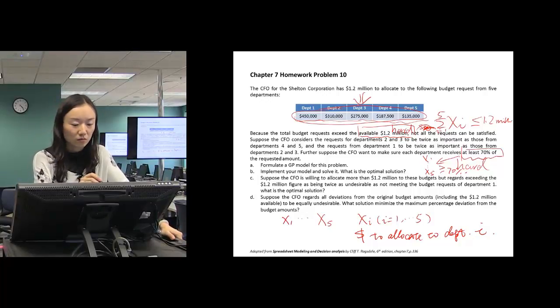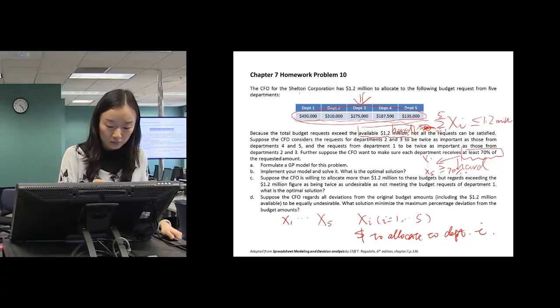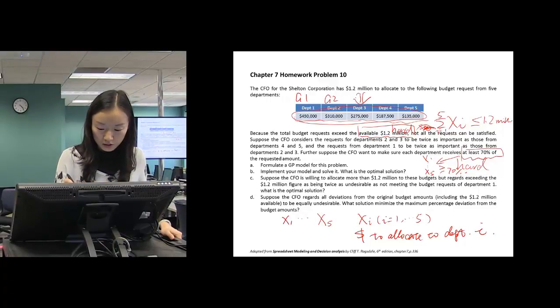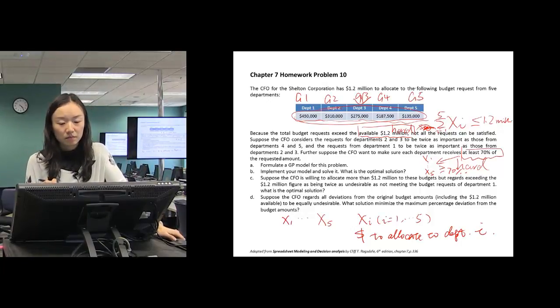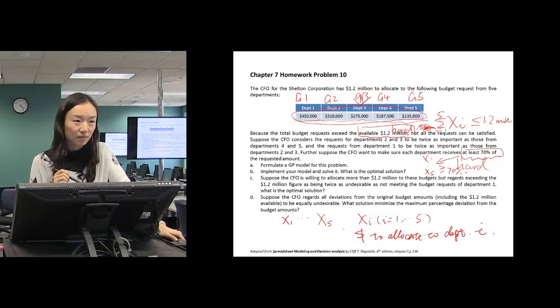Okay, so Goal 1, Goal 2, Goal 3, Goal 4, and Goal 5, which represent the 5 soft constraints you will need, using the decision variable and the deviations, the plus minus d's. Okay. With that we check.